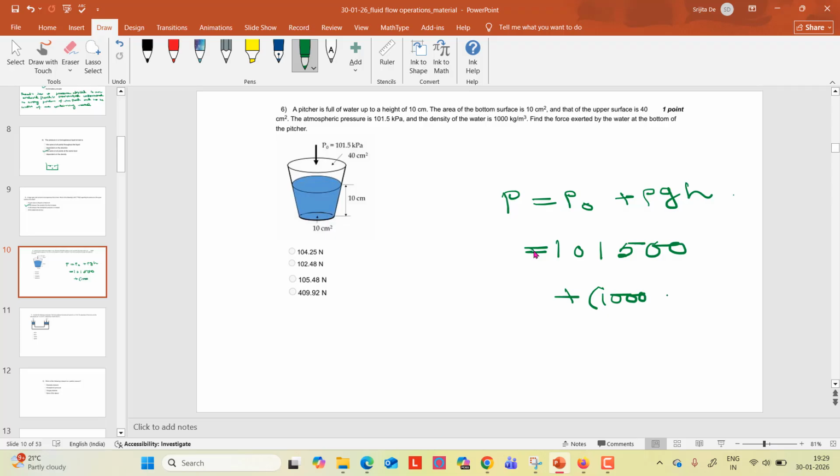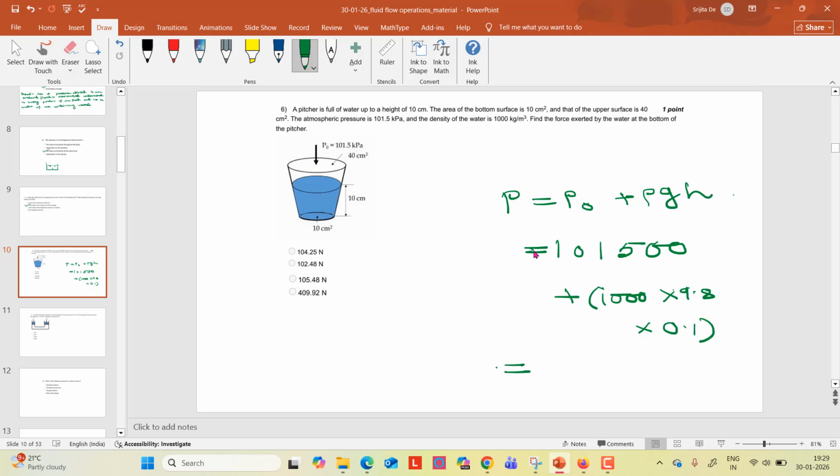Gravitational acceleration is 9.8 meter per second square, and this h is 10 centimeter, that is 0.1 meter.